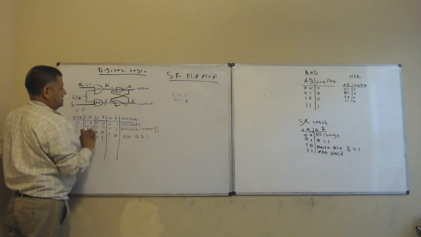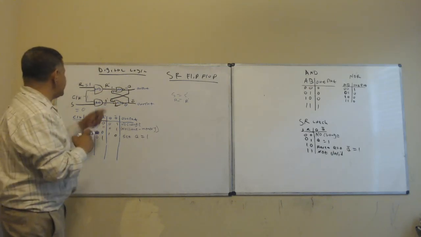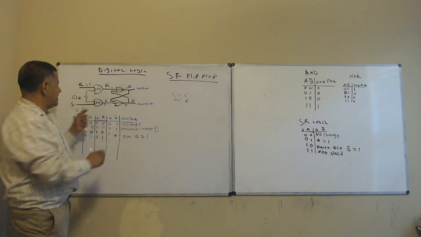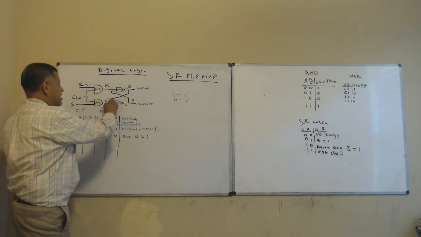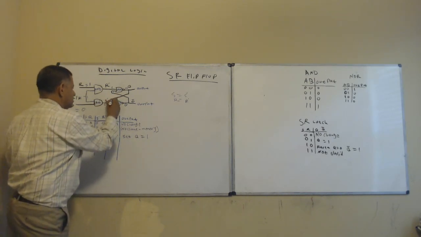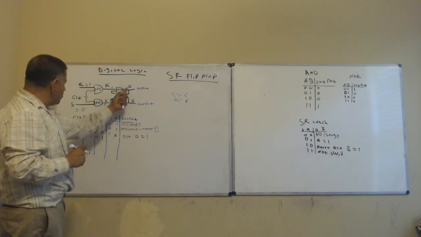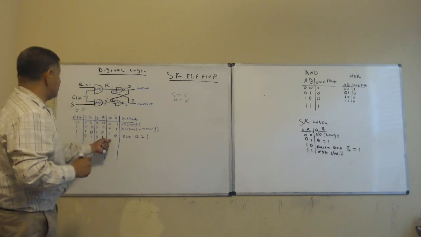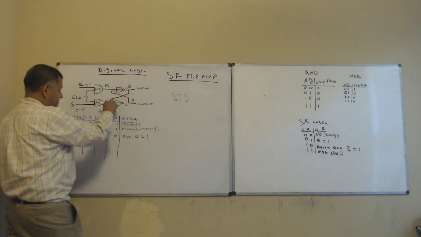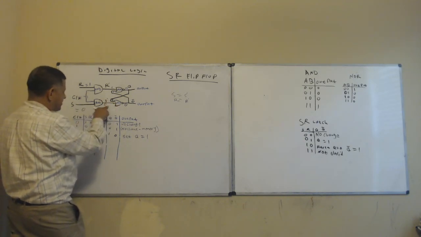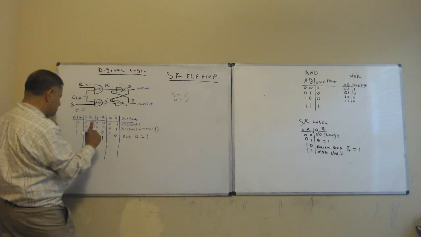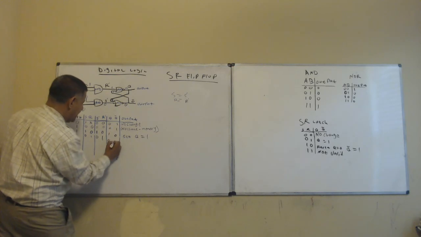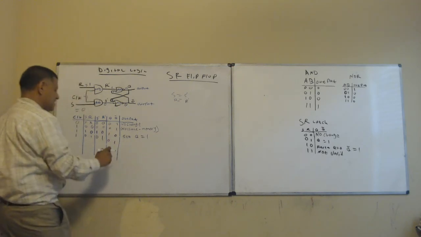But this is an OR gate, which means I am doing the reverse of that, which is a 0 coming out, right? 0 is coming in, and then that changes that from being 1 to being 0 from the previous state. Now Q is equal to 0, right? Feeding this back signal to this, and we had a 0 coming in, which means that Q now is 0 and Q naught is equal to 1, right? We reset.